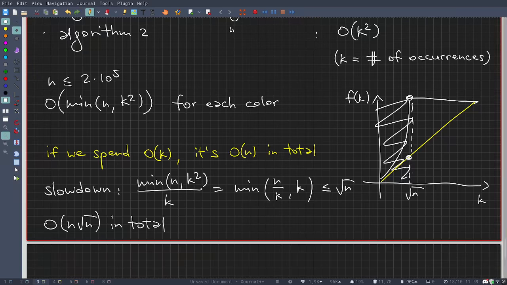And for the other part, there are at most n colors, and we spend square root of n for each color. No, actually, we can spend up to n. But yeah, also here the complexity is at most n square root of n. So you sum them up, and it's n square root of n anyway.